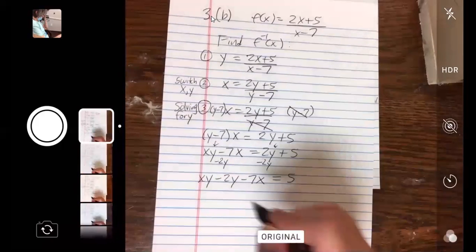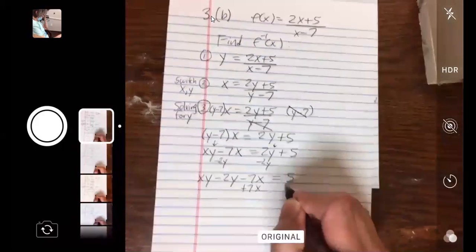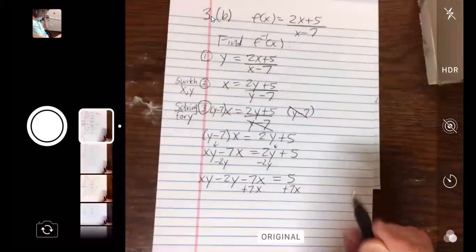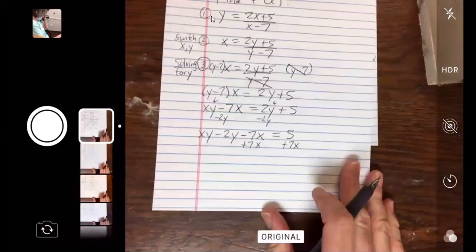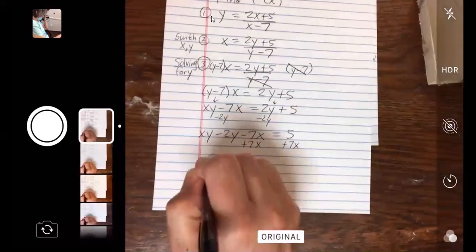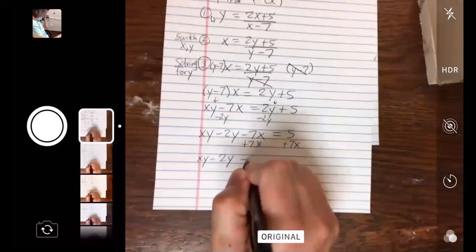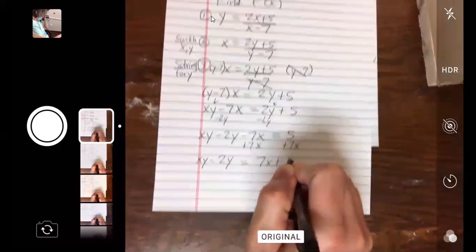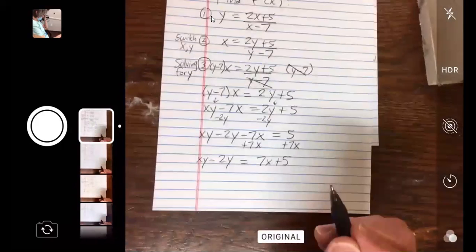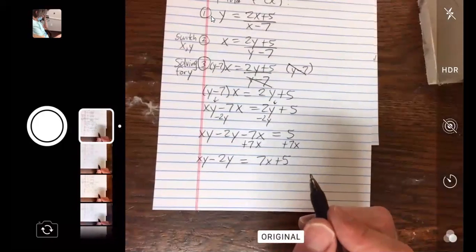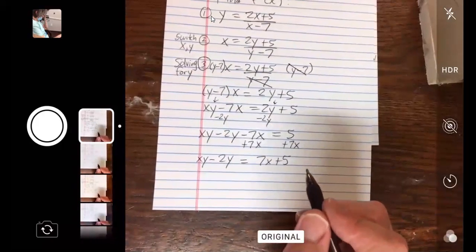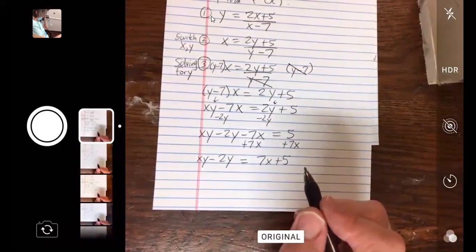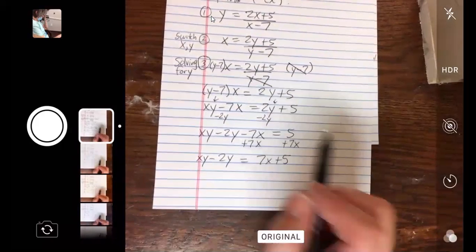Then I'm going to add the 7x, add the 7x. xy minus 2y equals 7x plus 5. Question about that? No, I'm with you right now.